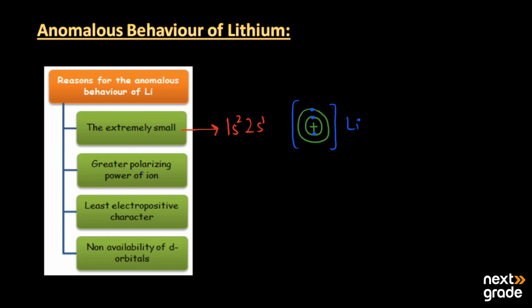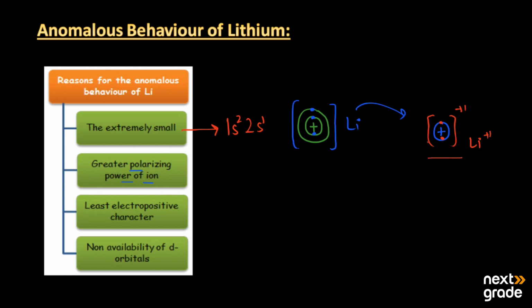Then it has a greater polarizing power of the ion. When it loses 1 electron, it changes into the cation +1, or lithium +1.